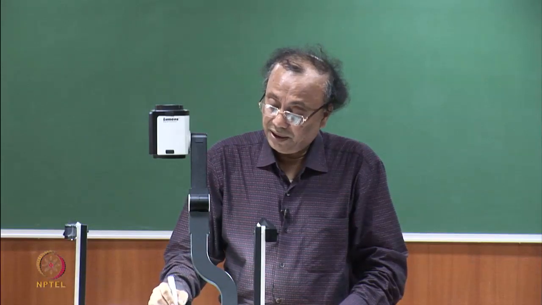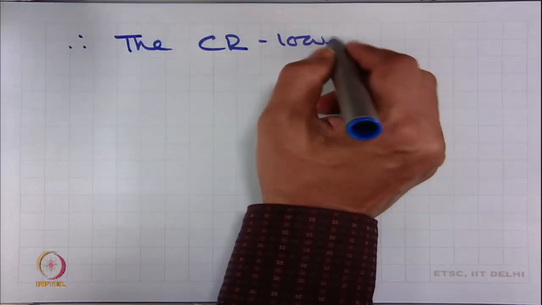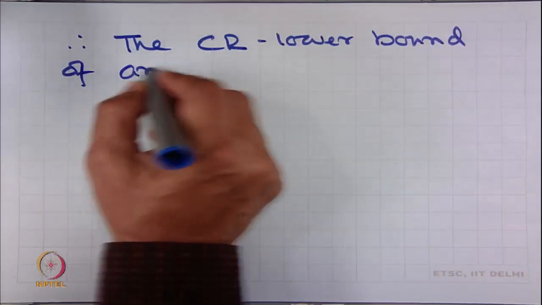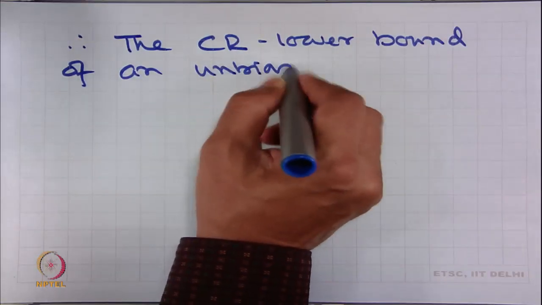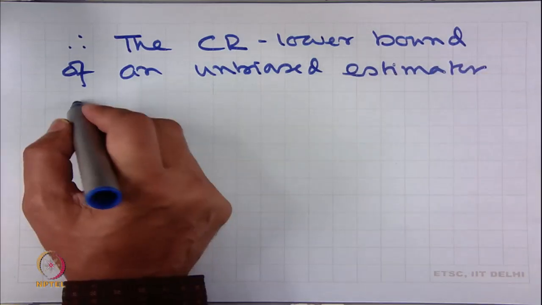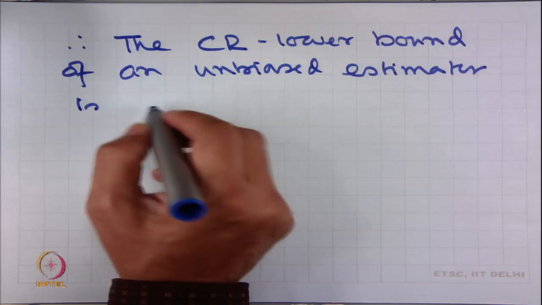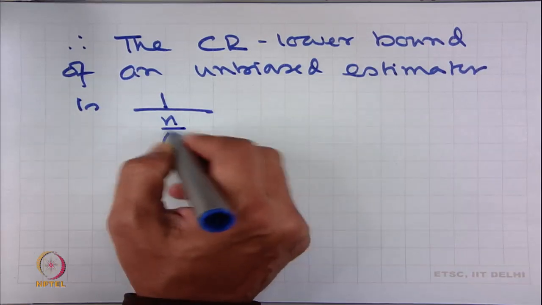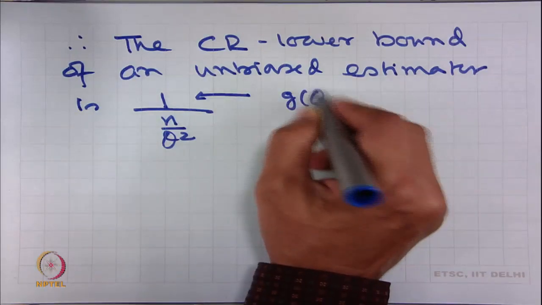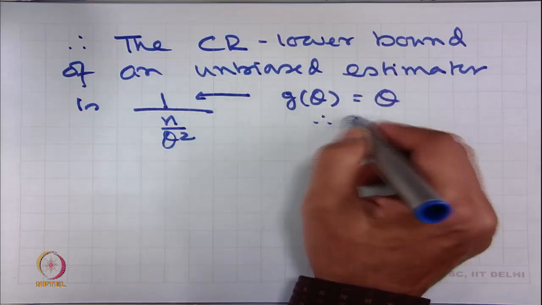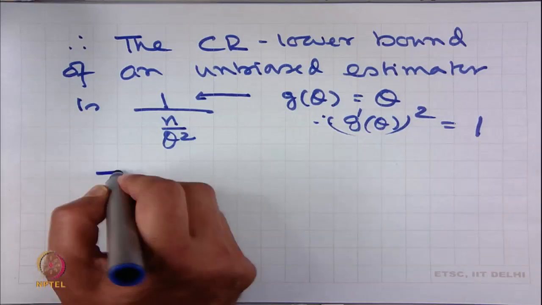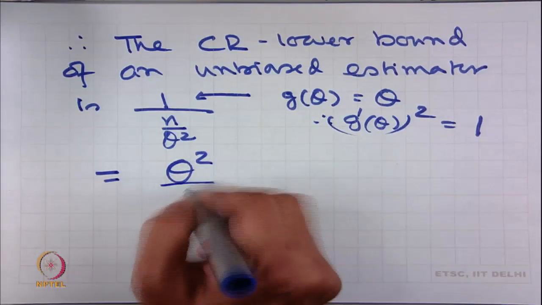The Cramer-Rao lower bound of an unbiased estimator is 1 upon n by theta square. This 1 is coming because g theta is equal to theta. Therefore, g prime theta whole square is equal to 1, and the bound is theta square by n.